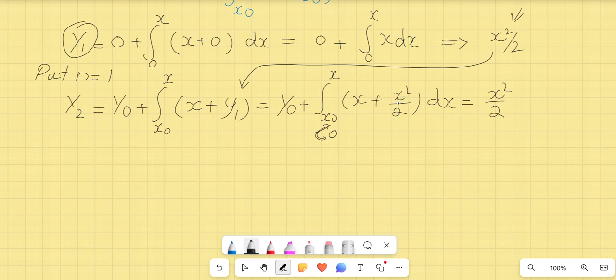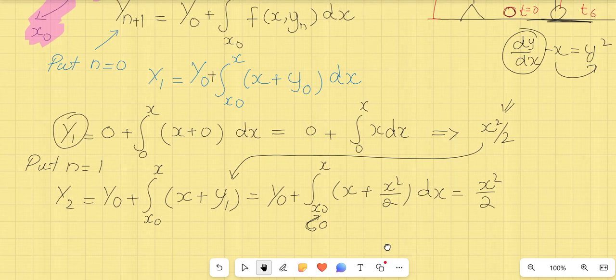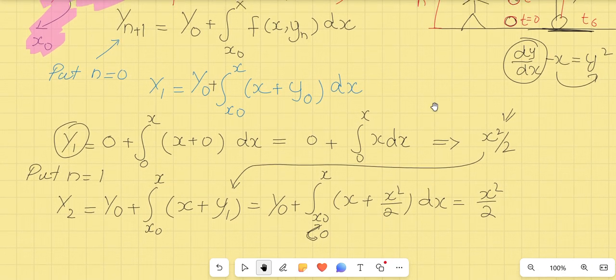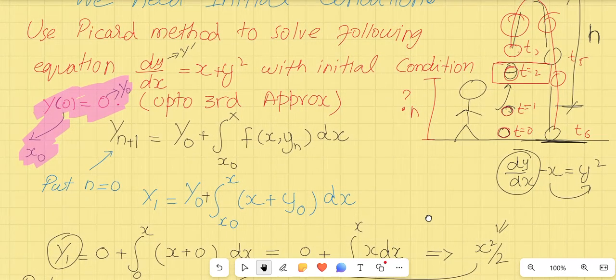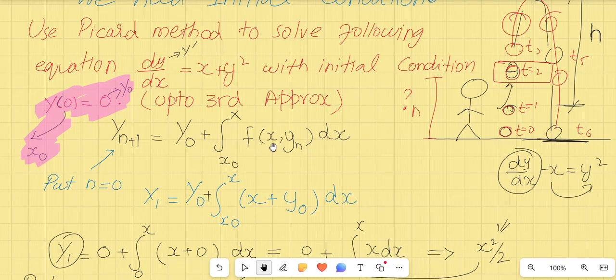Just give me a minute. All right, so in here I think we had this function y squared. Sorry, it was y squared.